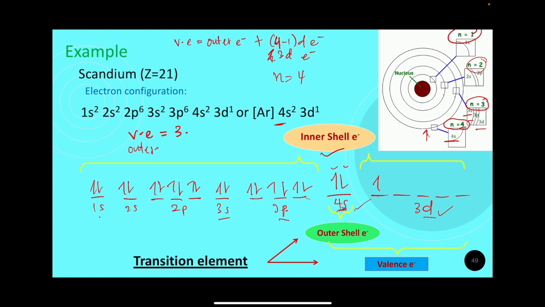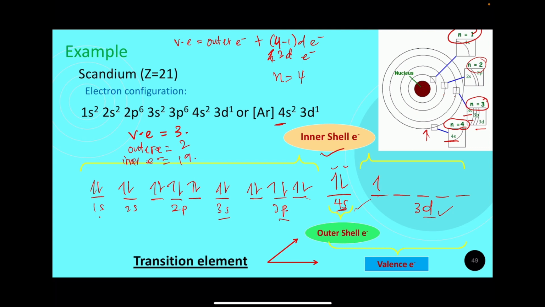Valence electron of scandium is equal to 3. Outer electron is equal to 2, and inner electron is equal to how many? 21 minus 2, 19.